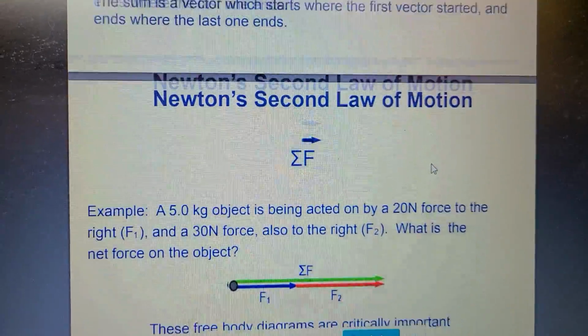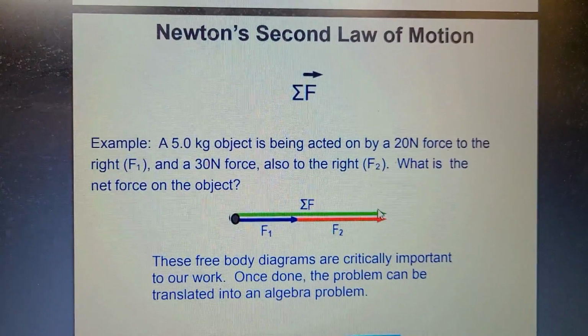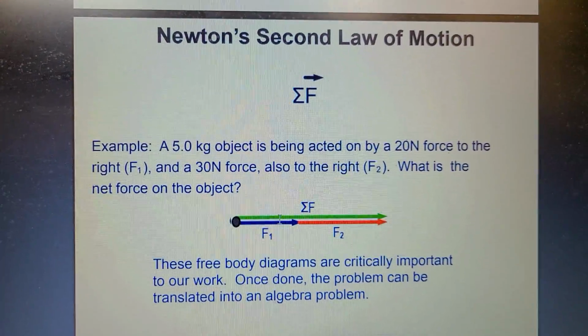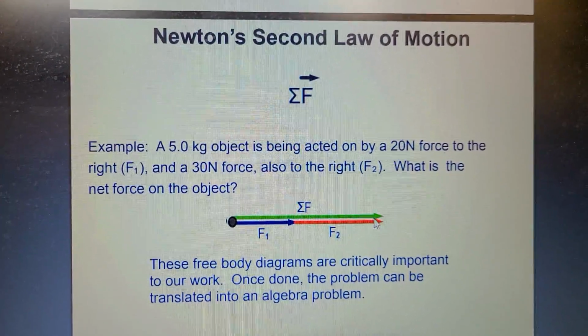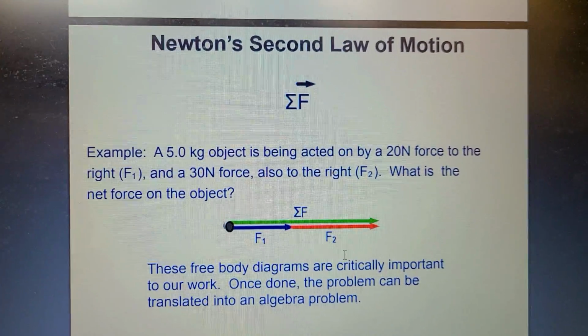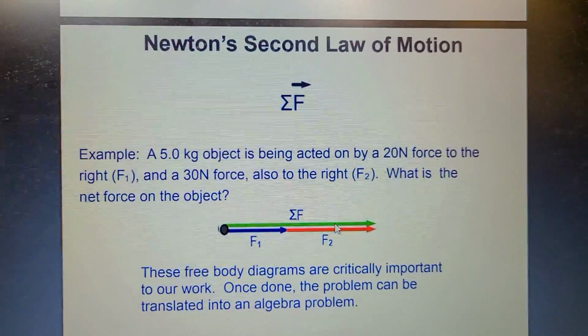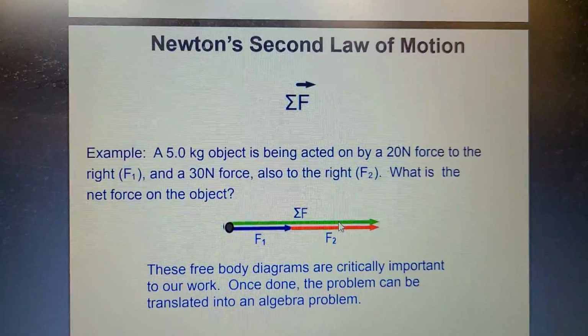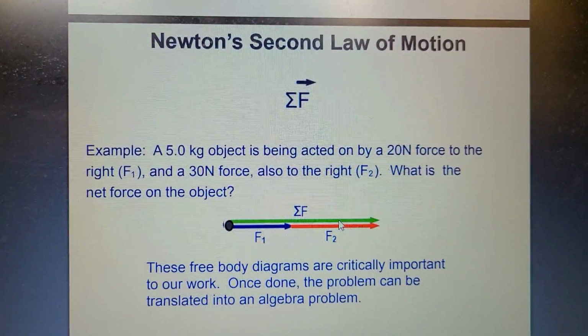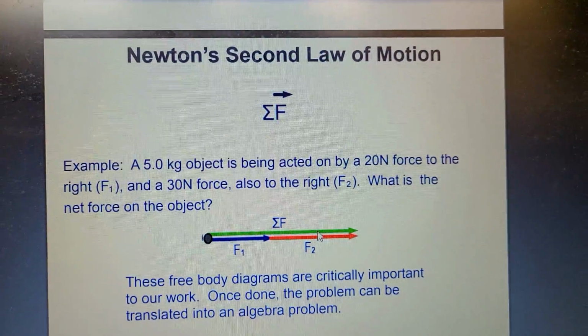Therefore, when you combine it, and you draw this diagram, the free body diagram is what is indicated. This is a picture. It shows you that you're combining the force of 20 Newton and 30 Newton. Because remember, the overall goal is to find out the net force.